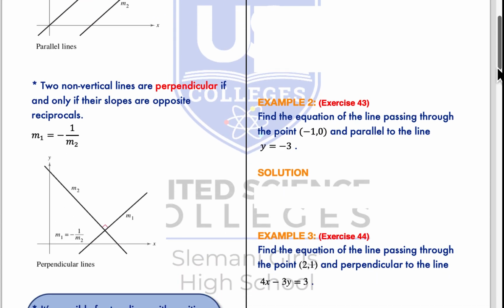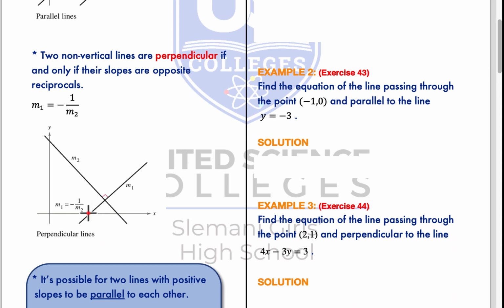And another rule, it's about perpendicular lines. If two lines are perpendicular to each other, which means when they intersect they form 90 degrees, then their slopes are opposite reciprocals, which means m1 is equal to -1 over m2.